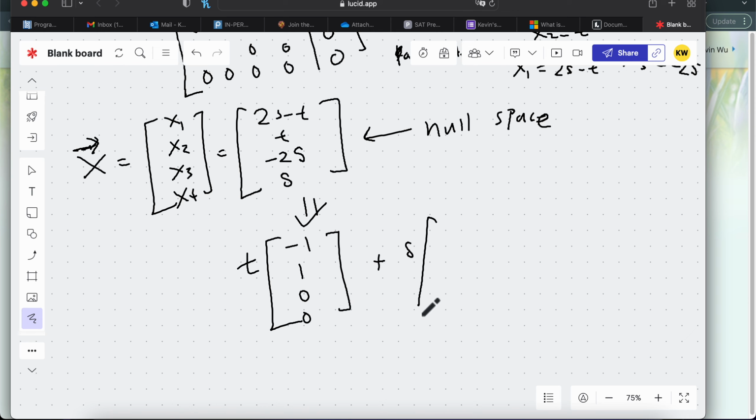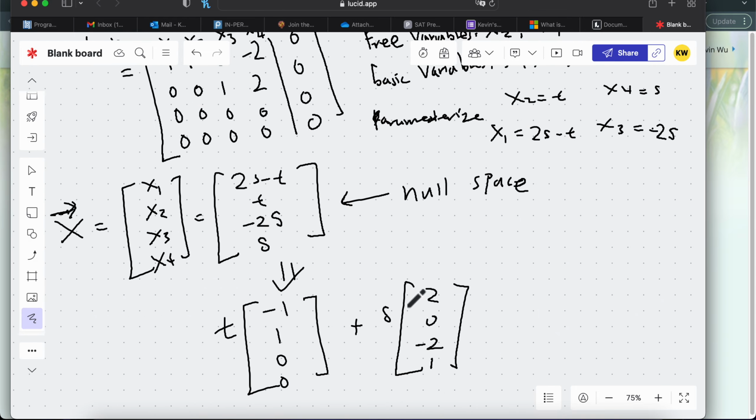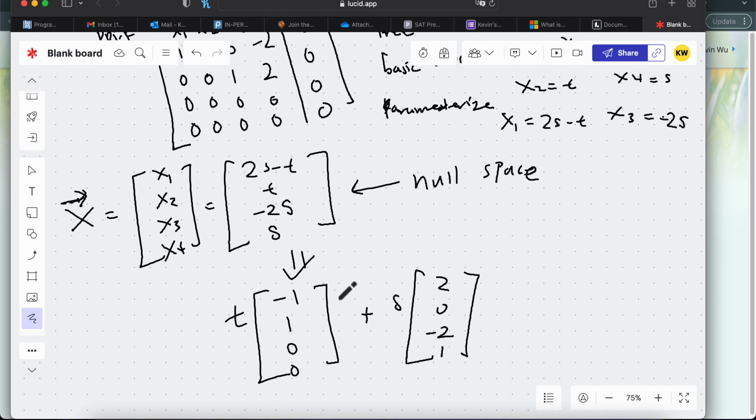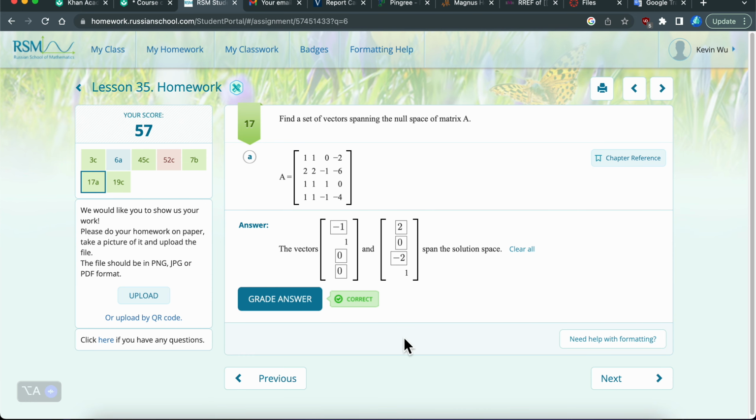Plus, now if we factor out an s, there is a 2, there is no s here, there's a minus 2s, and then there is 1s. So my answers are minus 1, 1, 0, 0, and 2, 0, minus 2, 1, because those are the vectors that would span the null space, which is also exactly what I have right here.